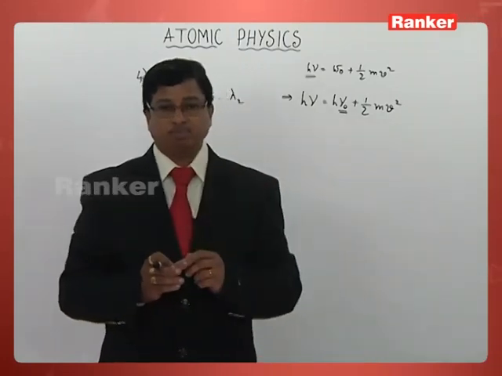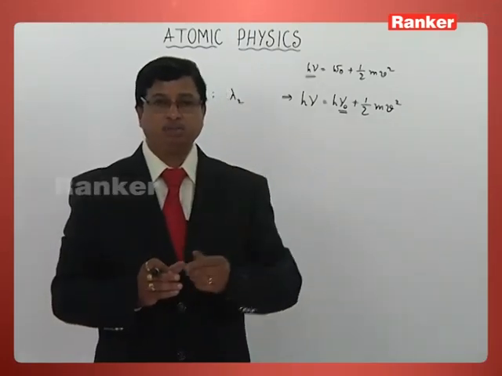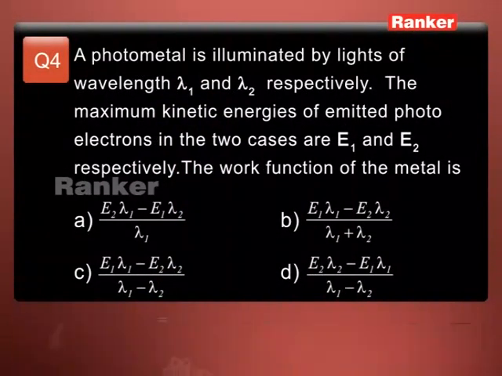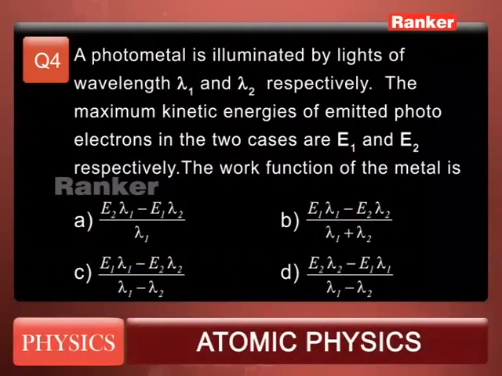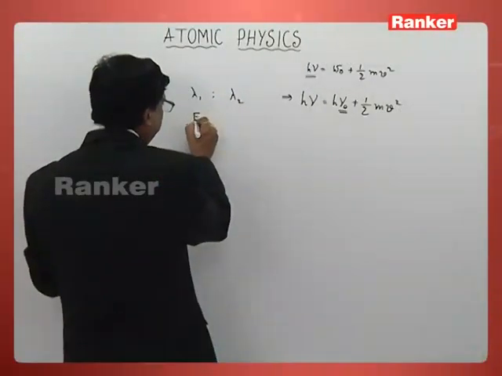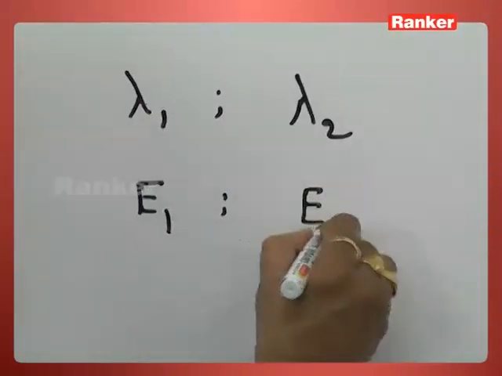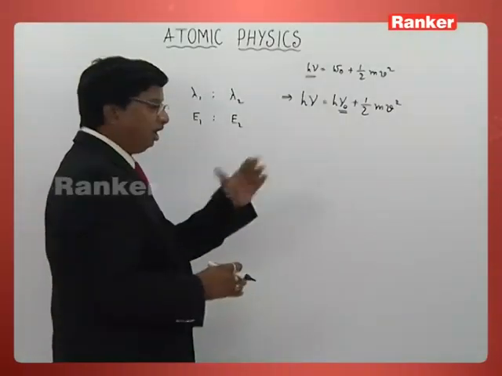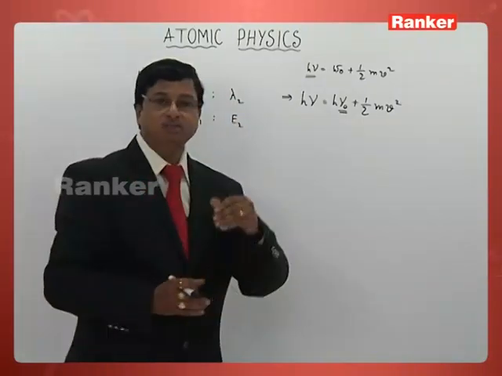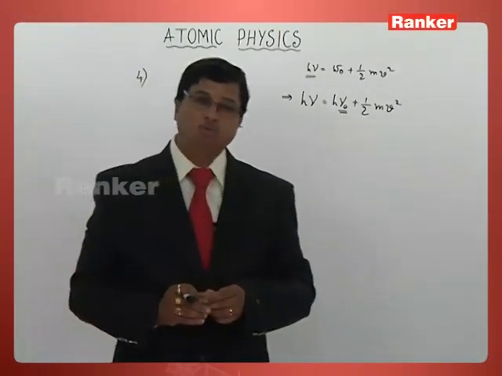Let us continue with the second part of the problem. The maximum kinetic energies of emitted photoelectrons are E1 and E2 respectively in these two cases. E1 is the kinetic energy given for one case, and E2 is the kinetic energy of the other electron emitted when the other wavelength of light is incident on the photocathode.